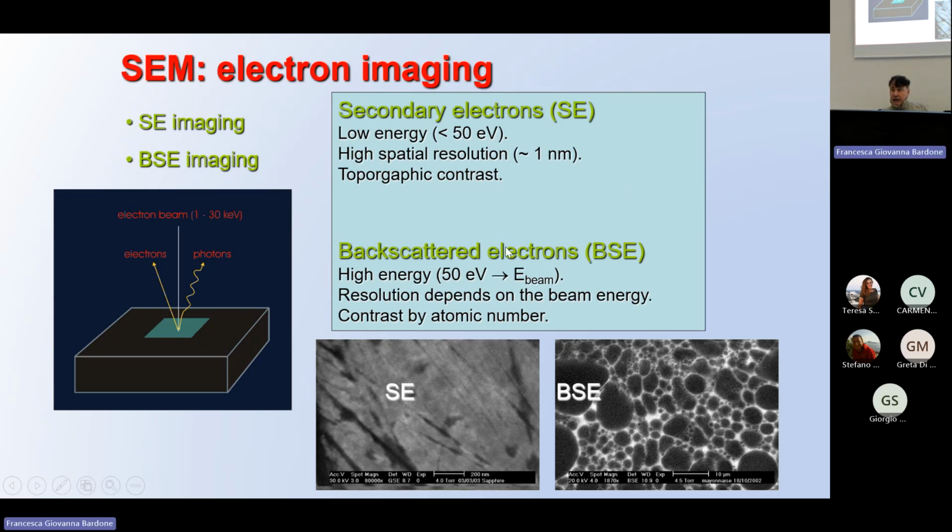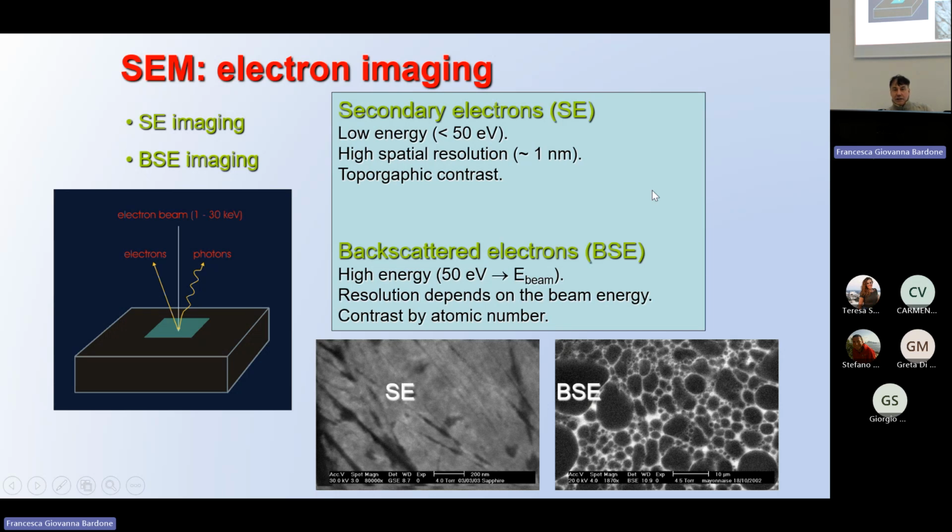What are the other types of electrons I can get? Remember, I produce electrons and hit the specimen. Secondary electrons are produced, but some of the electrons would be reflected back. In English, backscattered, back reflected.